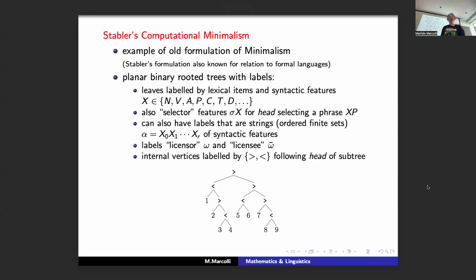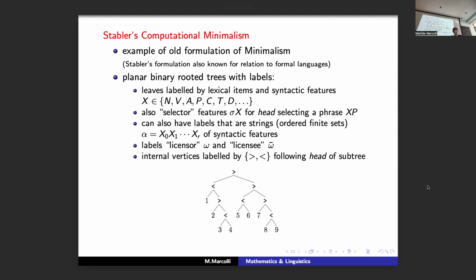Okay, so this is just a preliminary discussion about what happens with Hopf algebras when you're dealing with just binary rooted trees. But now let's come back to this older formulation of minimalism that I talked about a while back. Here you have trees that are planar. Also, the information about the head structure of the tree is built into the labels that you attach to the internal vertices.